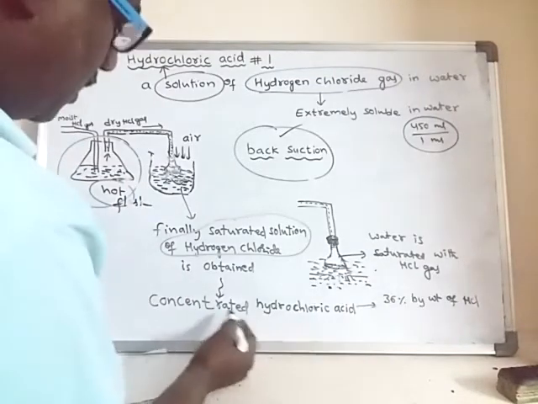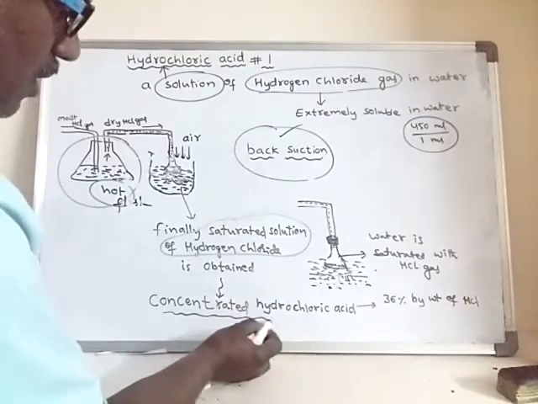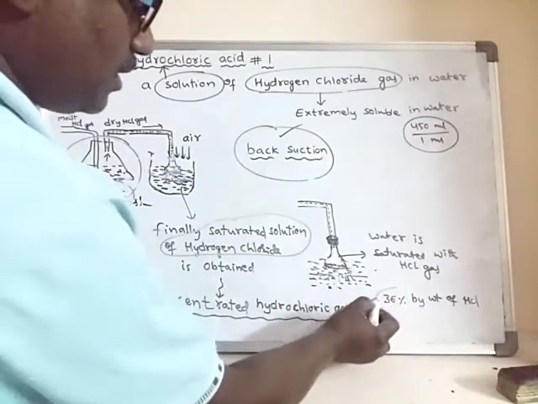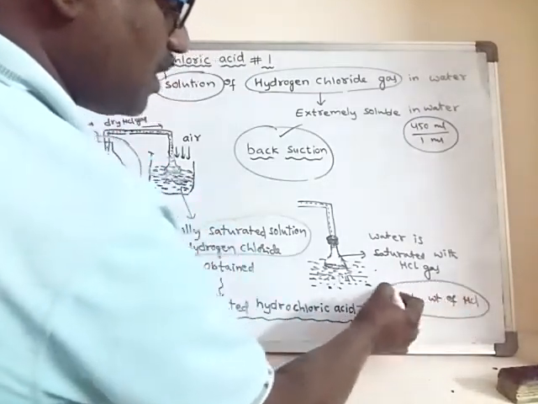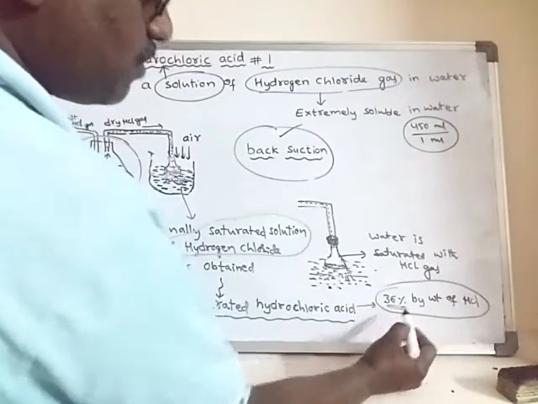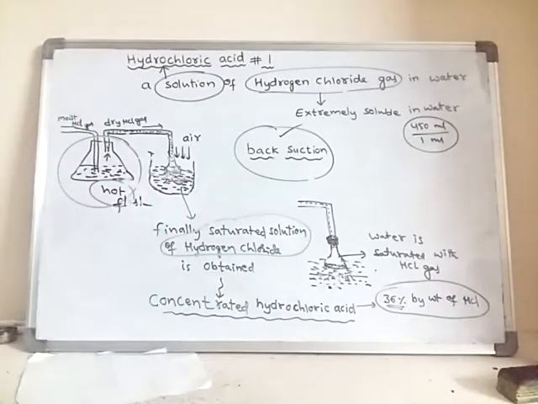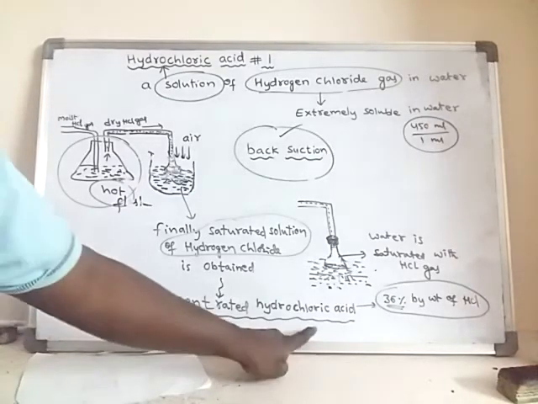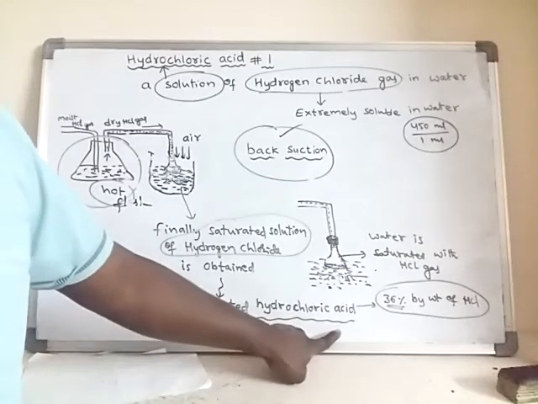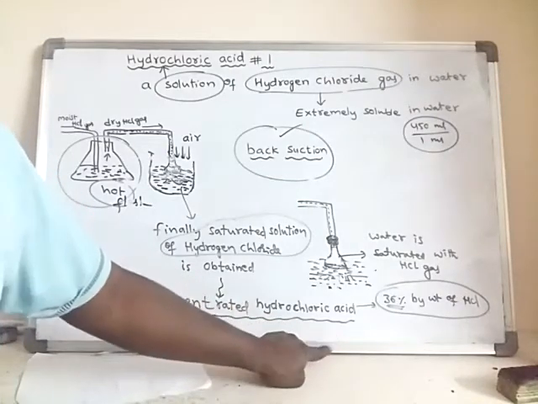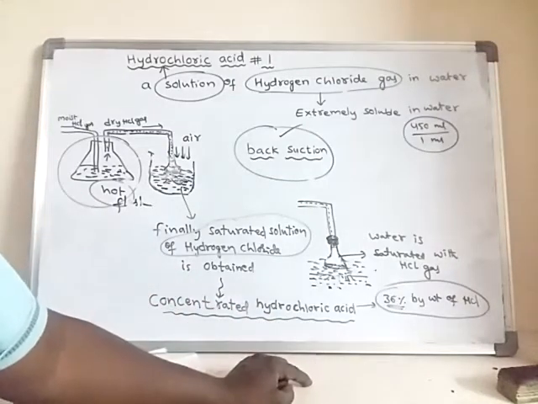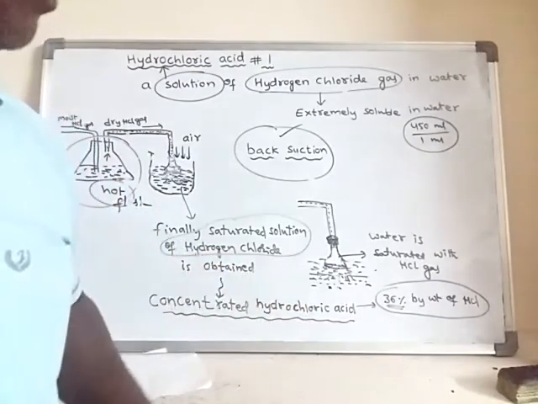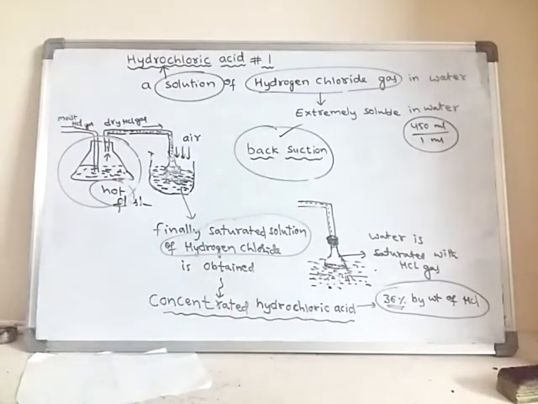So this concentrated hydrochloric acid contains 36% by weight of HCl, and 64% will be water.